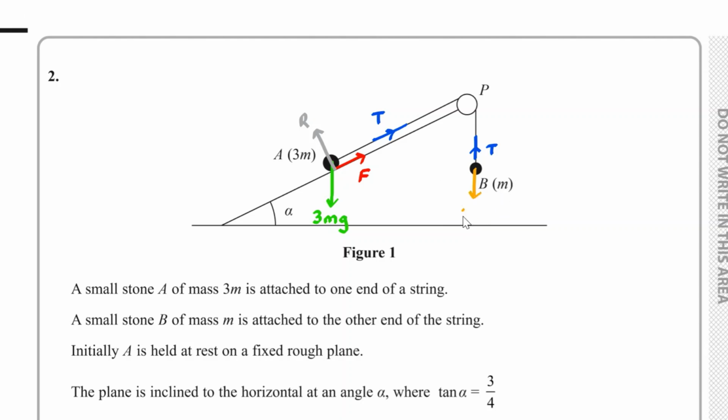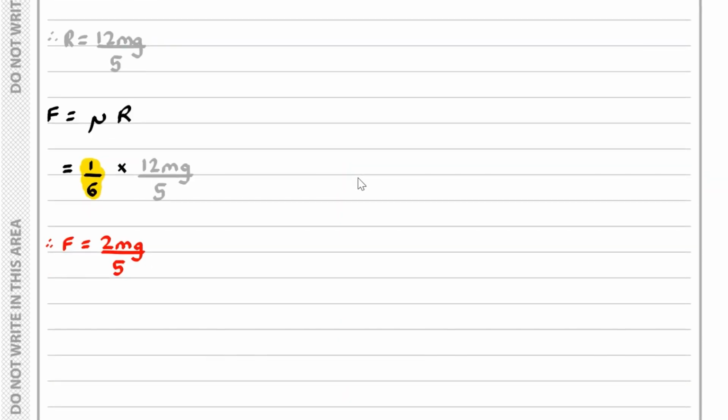We've got the mass multiplied by gravity. And so if we resolve vertically, for the motion of B, we would have T equals mg, which of course is the motion of B.